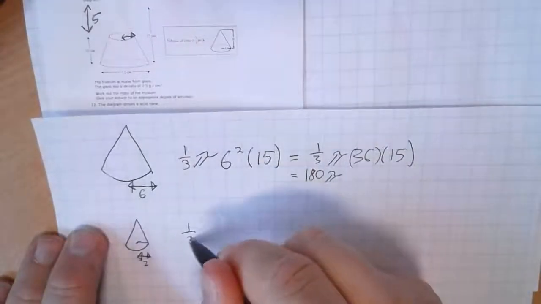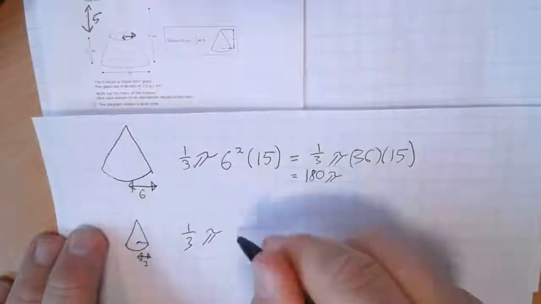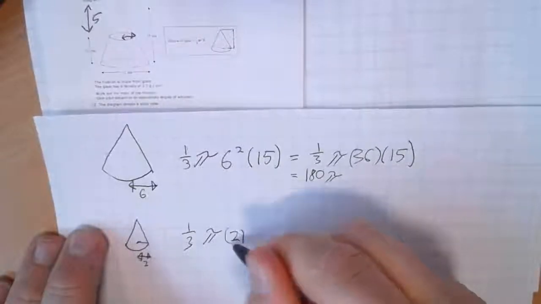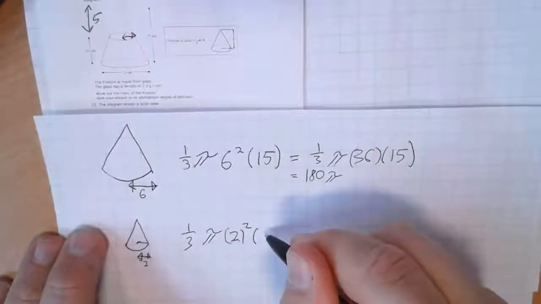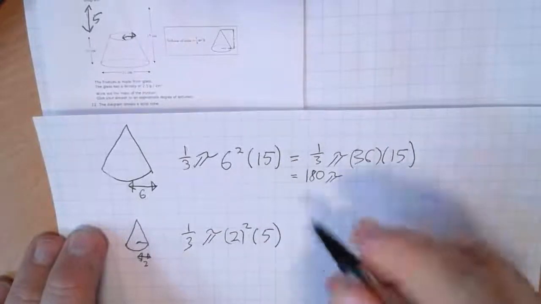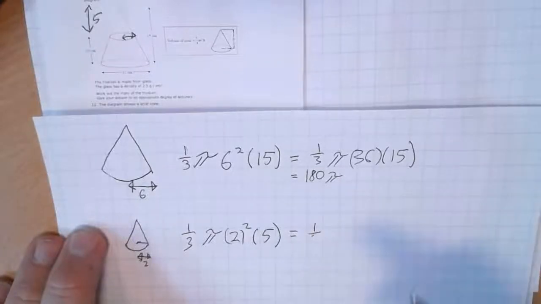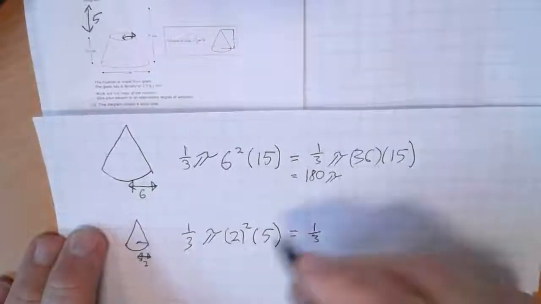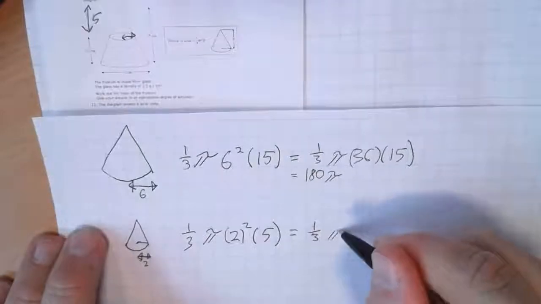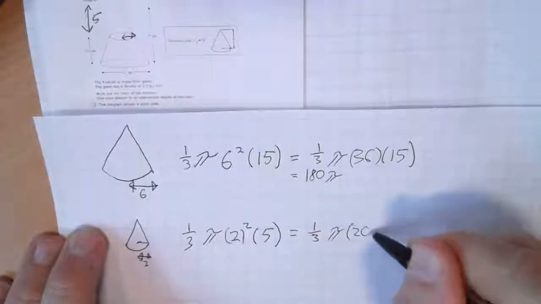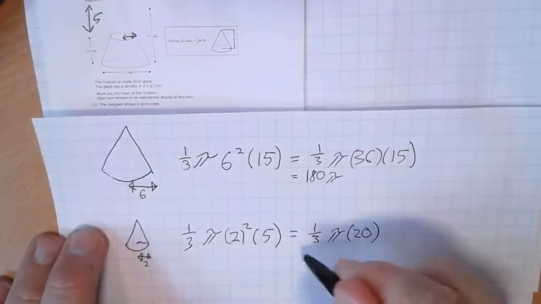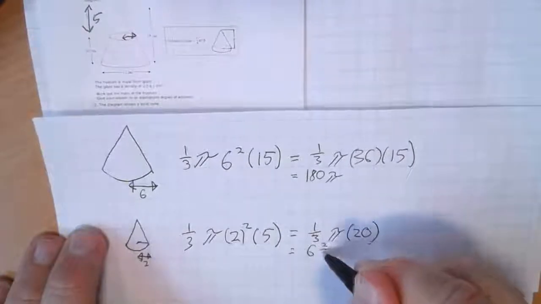So I've got 1/3 pi 2 squared times 5, which is 1/3 of 20, isn't it? 1/3 times pi times 20, which is 6 2/3 pi.